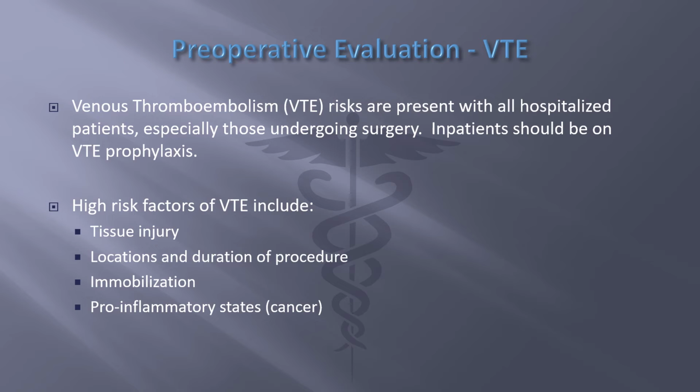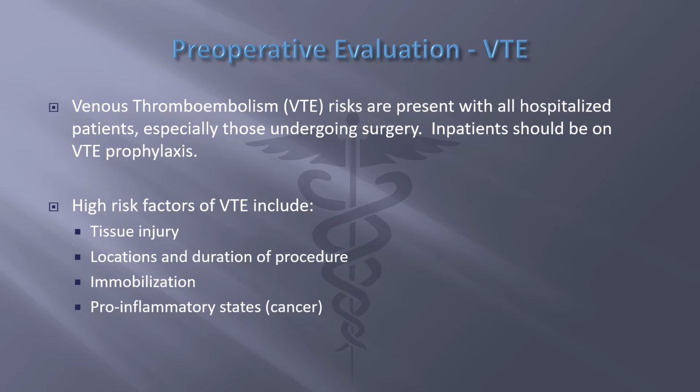Patients who are at high risk for clots include how much tissue injury is involved with the surgery, how much you're going to cut to perform the surgery, the location and the duration of the procedure. Where is the surgery being done, and how long are you going to be under the anesthesia?